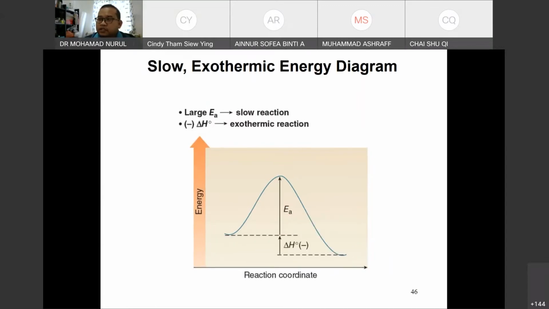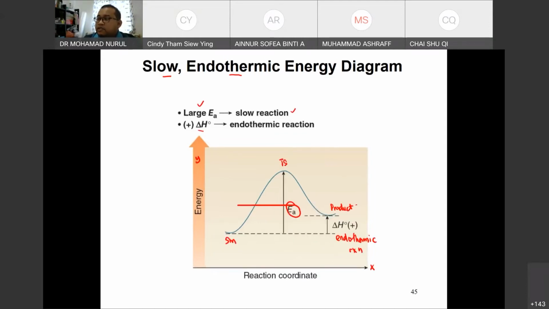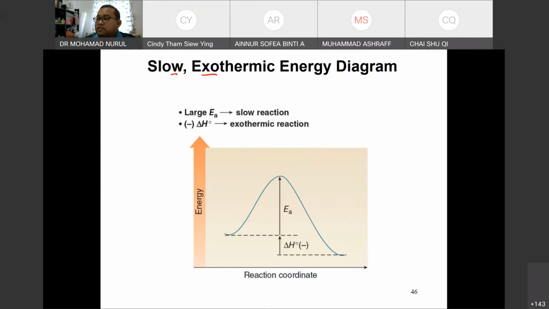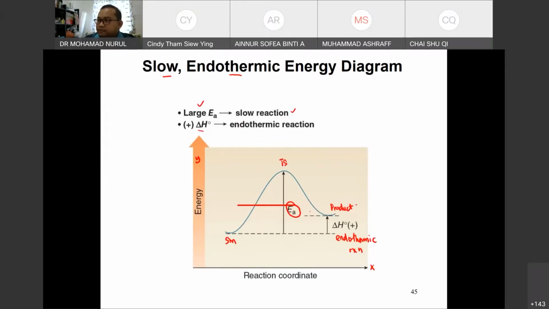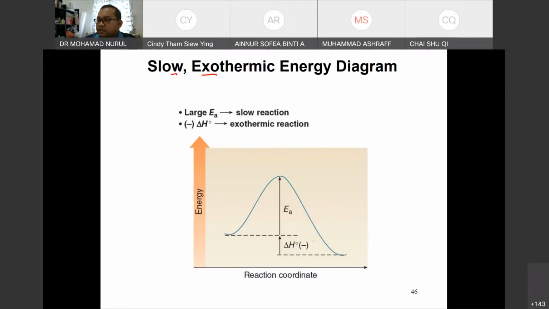The second situation is a slow reaction that is exothermic. The previous one is endothermic. If you see clearly, the shape of the energy diagram is different. This is the positive value, meanwhile this one is negative. You will see clearer examples in chapters 7 and 8.